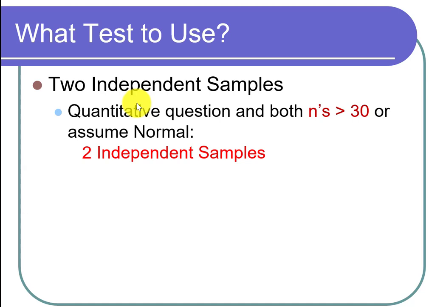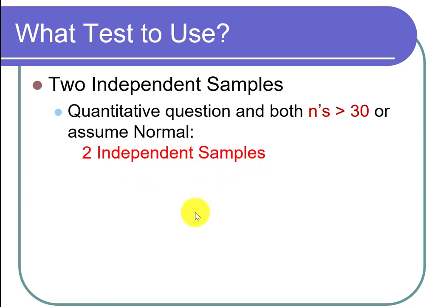It doesn't have to be people, but it could be whatever you're observing. If we're talking about a quantitative question, and both sample sizes are greater than 30, or we have normal distributions, then we're going to do 2 independent samples. That could be a hypothesis test or a confidence interval for 2 independent samples.